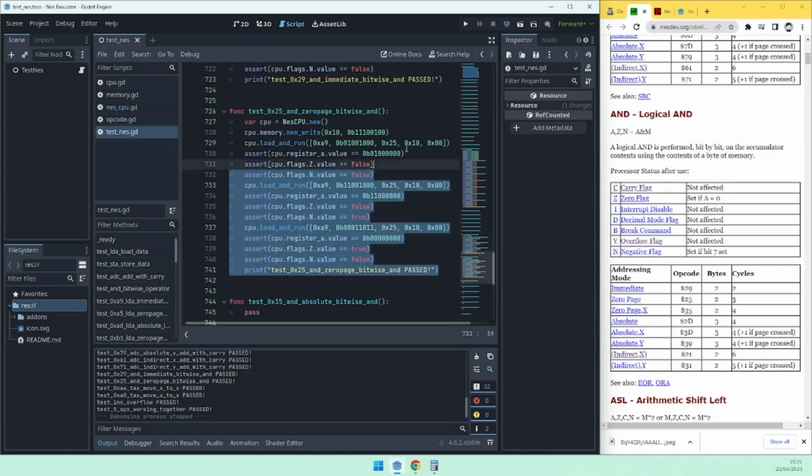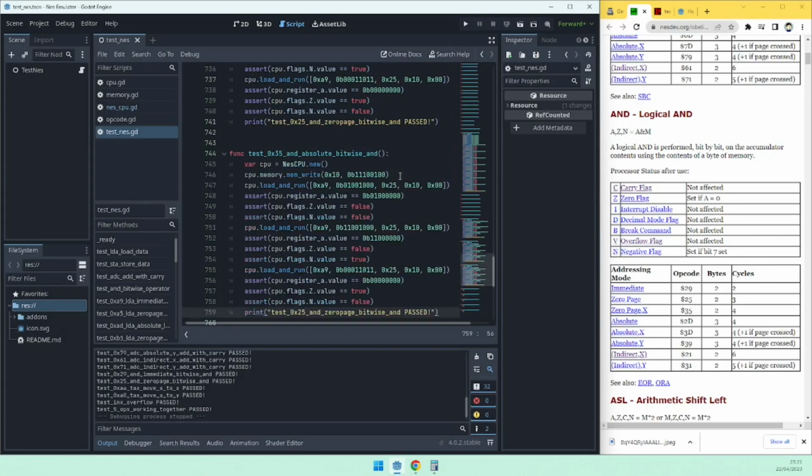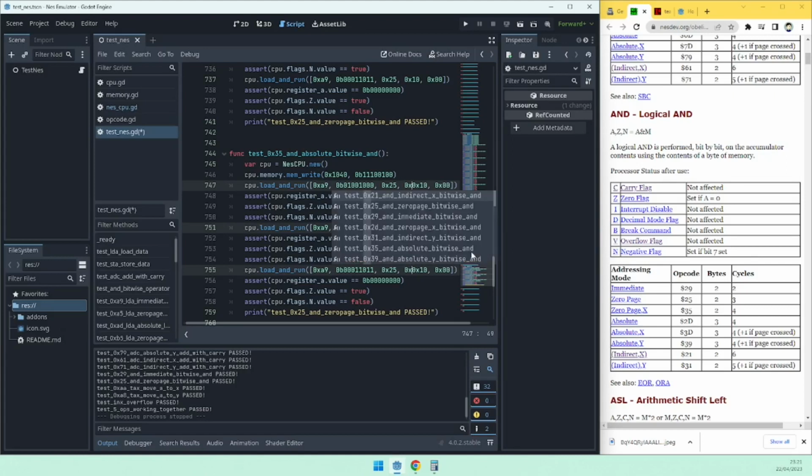Okay, absolute. So it's almost the same, but we are going to use a higher page. So we are going to 1040. So we are going to access, because of little endianness, first a 40 and then the 10.